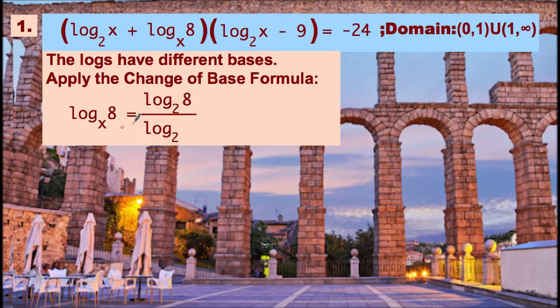Then the old argument gets transferred to the numerator as the argument, and the old base transfers to the denominator as the new argument of that log. When we perform calculations, we know log base 2 of 8 is equal to 3. So 3 over log base 2 of x.